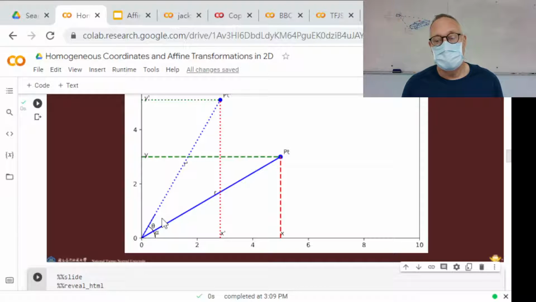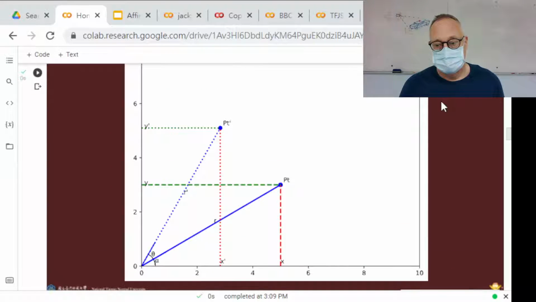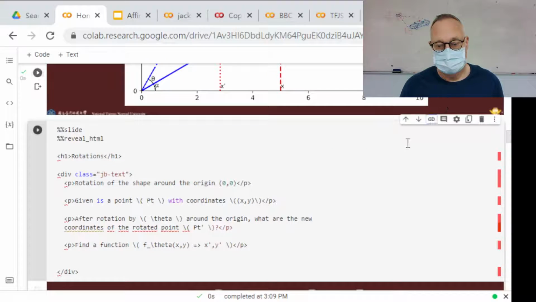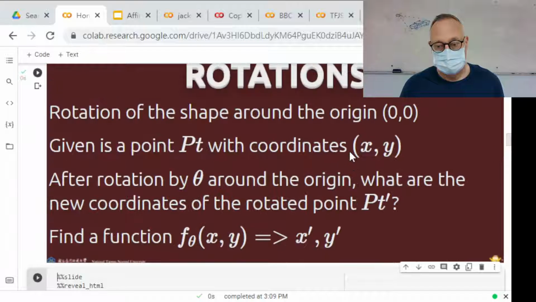Then what are the new coordinates of the point, x dash and y dash? So I want to figure out some function of theta that, given a point xy, returns the new point x dash, y dash.